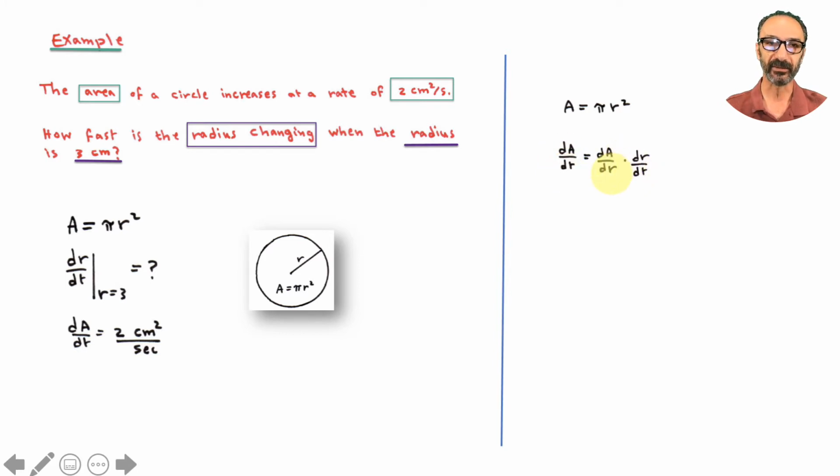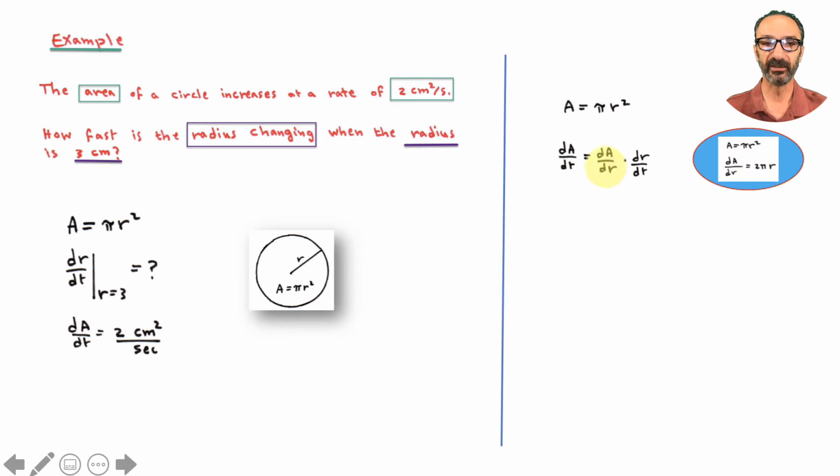What I mean here, in the previous problem, we did not find dA/dx. The variable was x, and inside x there was a t. Here, if you want to do it this way, I have A equals pi r squared, dA/dr, that's this guy right here, is 2 pi r. 2 goes in front. We are finding the derivative with respect to r, so it's going to be 2 pi r.